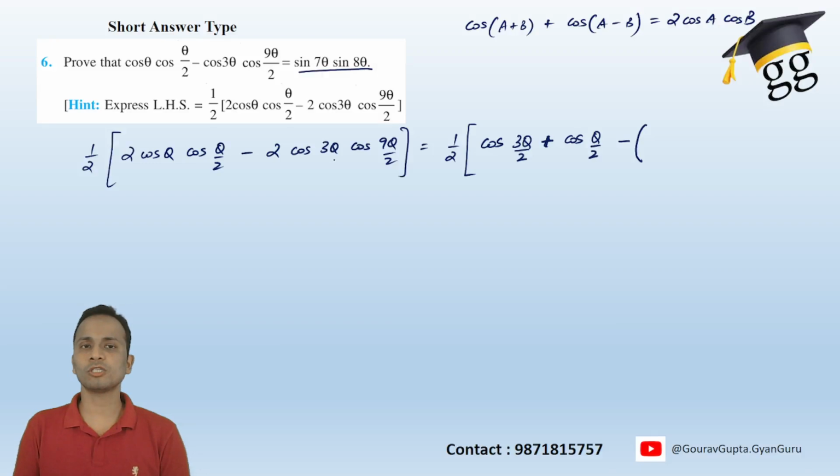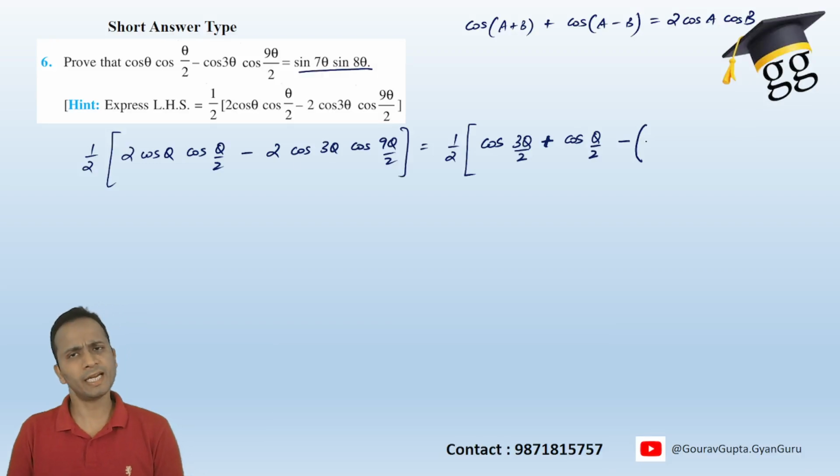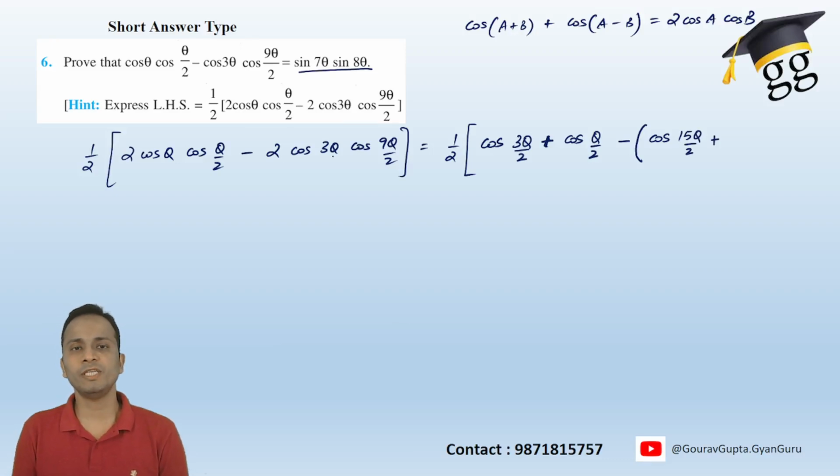Now again 2 cos A cos B, again I'll write it as cos(A plus B) plus cos(A minus B). So that is cos of 3 theta plus 9 theta by 2, so that is 15 theta by 2, plus cos of 3 theta minus 9 theta by 2, or vice versa, it would be negative, but cos of negative is positive only. Okay, so I'll write it as 9 minus 6, 3, so cos 3 theta by 2.